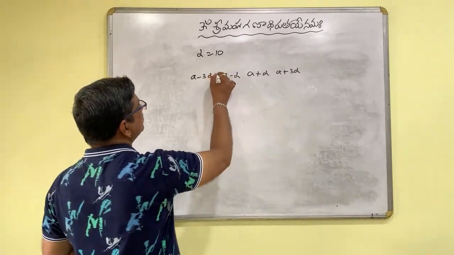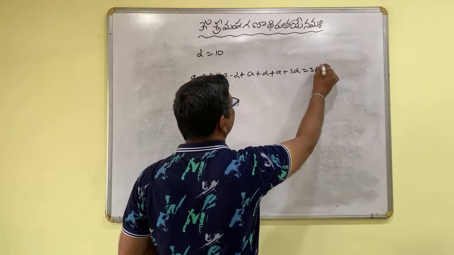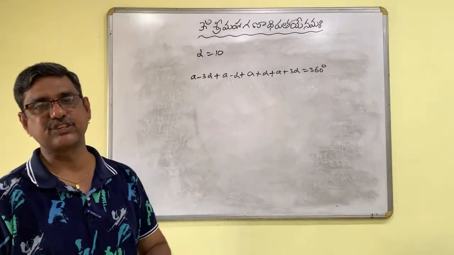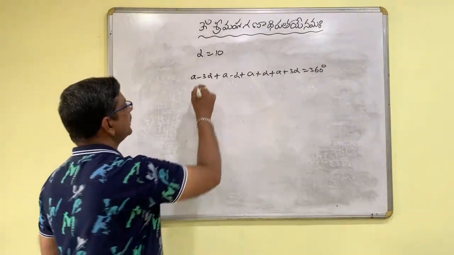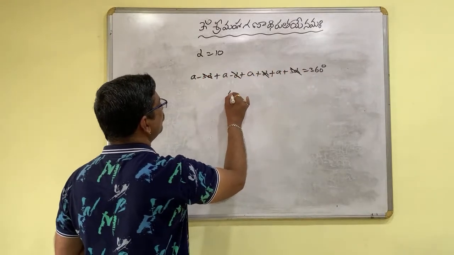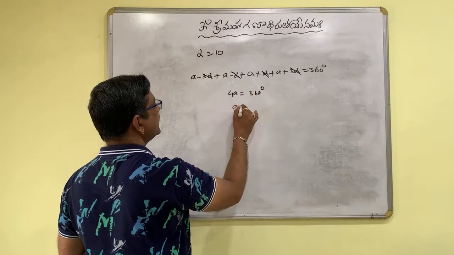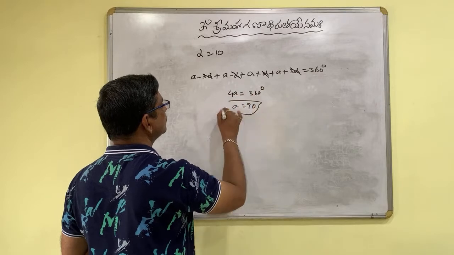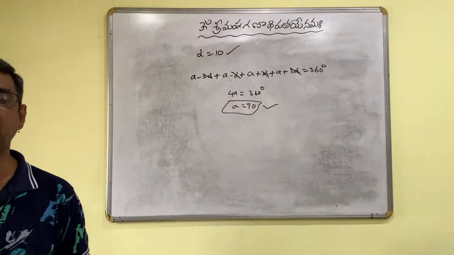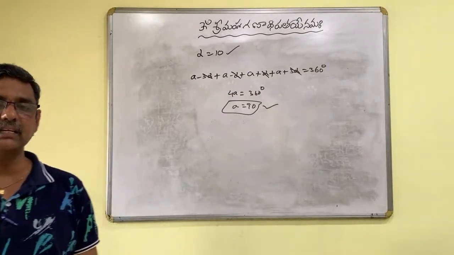Now we know that the sum of interior angles of a quadrilateral is 360. If you see, minus 3D plus 3D cancel, minus D plus D cancel, so 4A is 360. A is 90. We got A and we have D. Can we tell all the 4 angles?